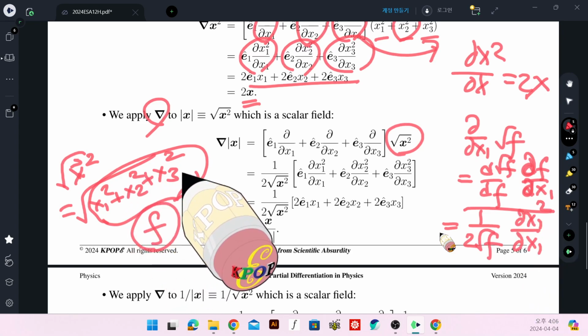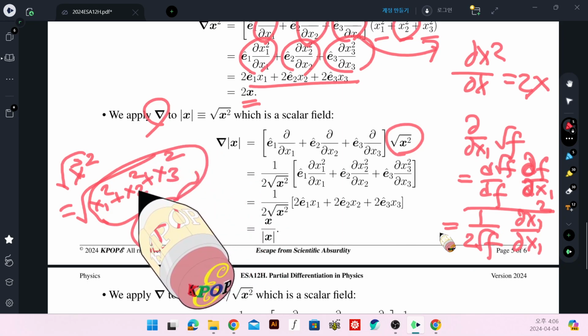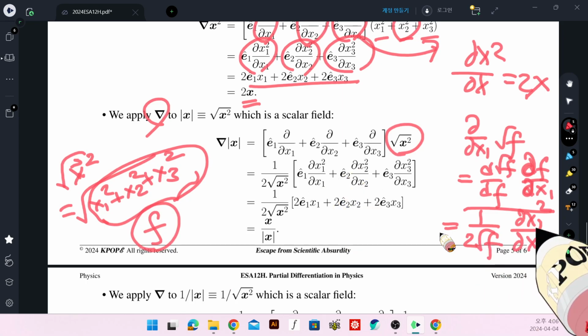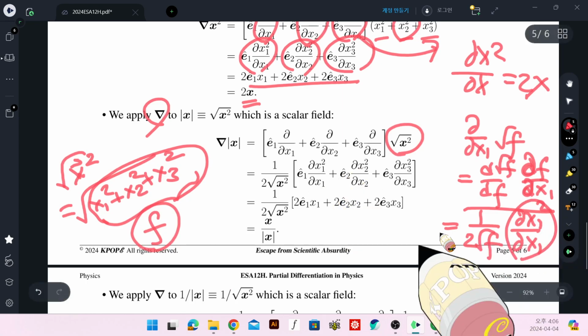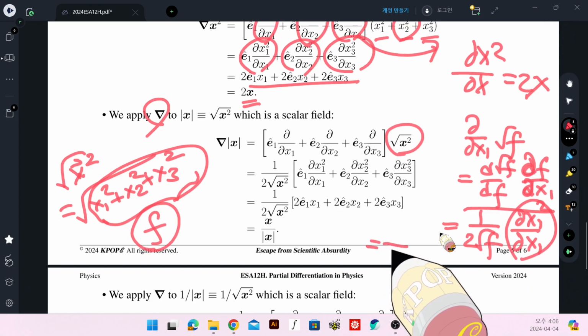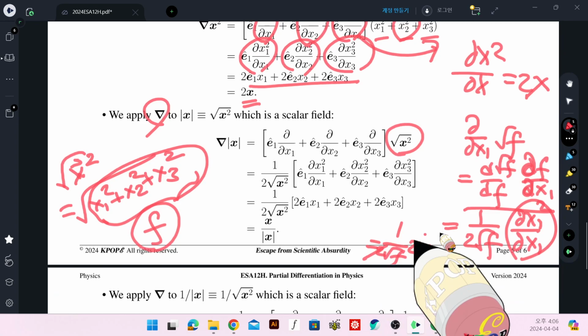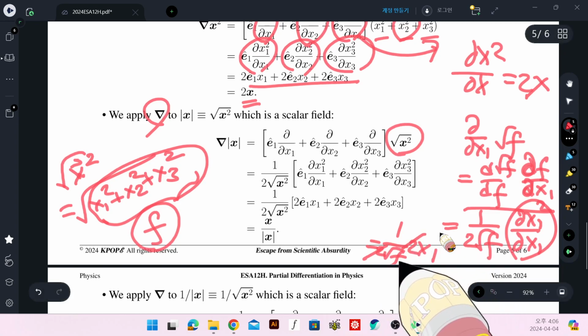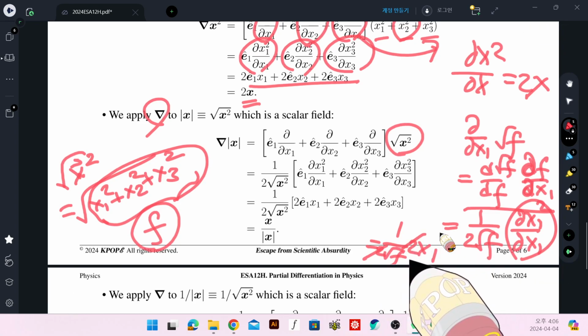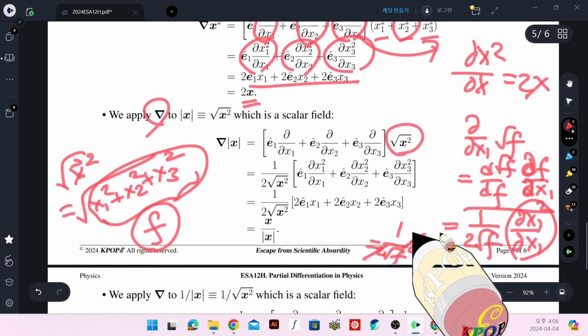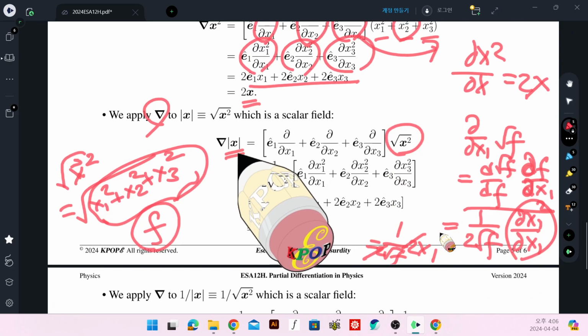You know, x2 squared and x3 squared do not contribute to the derivative with respect to x1. Therefore, we have 1 over 2 square root of f, times 2 times x1. The 2 cancels. So x1 over square root of f. And originally f was this, so the square root of f is nothing but the absolute value of x.